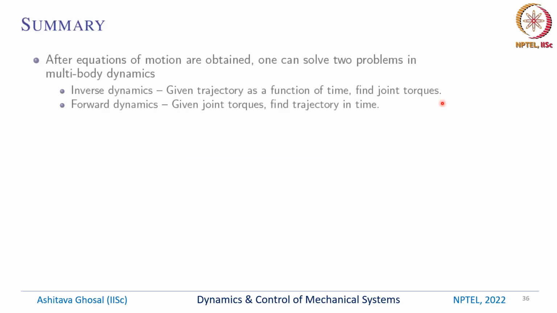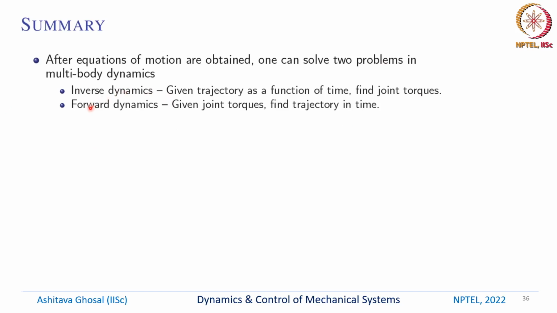So in summary, after the equations of motion of a multi-body system are obtained, one can solve two problems in multi-body dynamics. One is called the inverse dynamics problem, which is that given trajectory as a function of time, find joint torques. This is just simple substitution on the right hand side of the equations of motion.